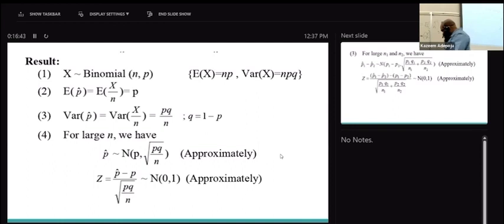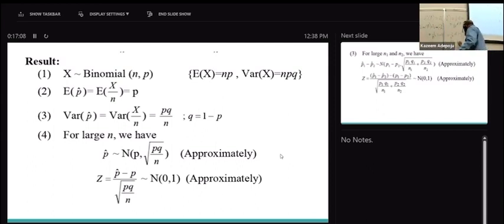Okay? When you have 1 over N squared, then the variance of X. What is the variance of X? Binomial, NPQ, right? So 1 over N squared, NPQ. This guy cancels this guy, right? If that guy cancels that guy, what do I have now? I got PQ divided by N.